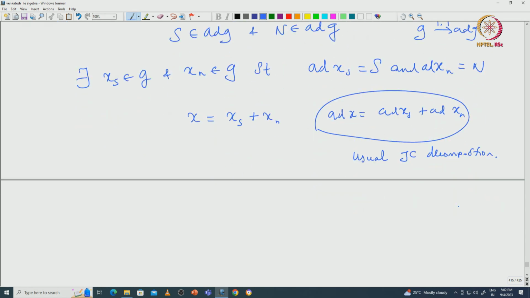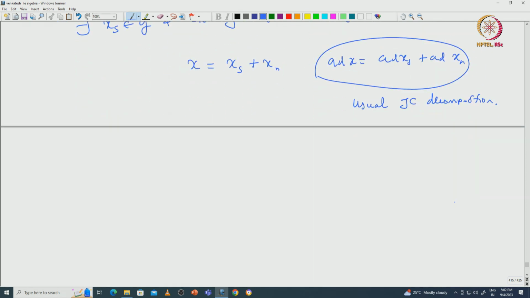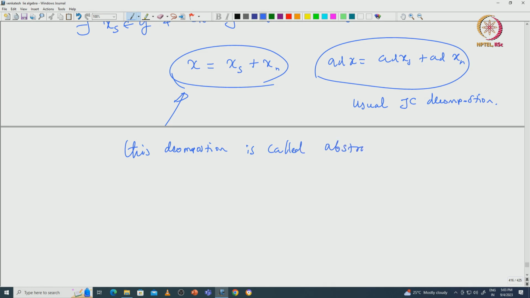In this case, we say that x_s plus x_n is the abstract Jordan decomposition of x.